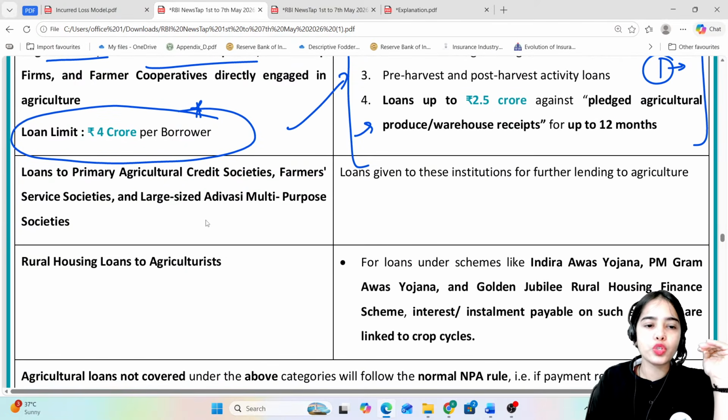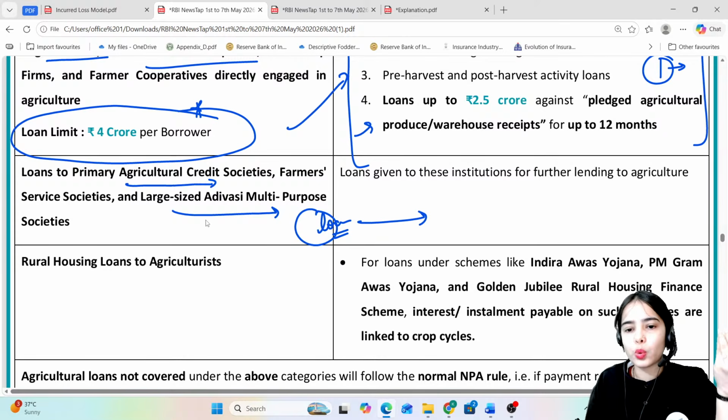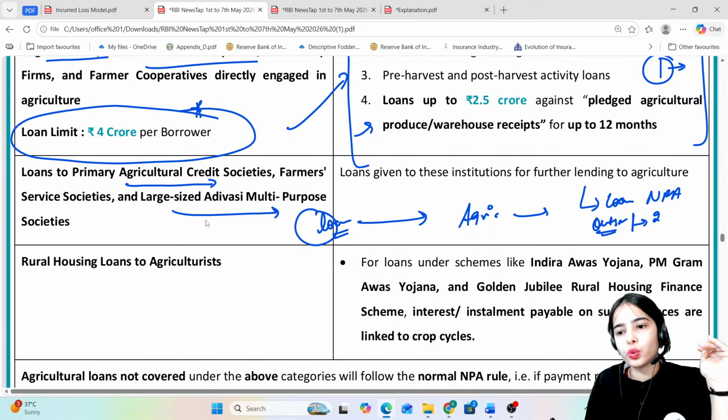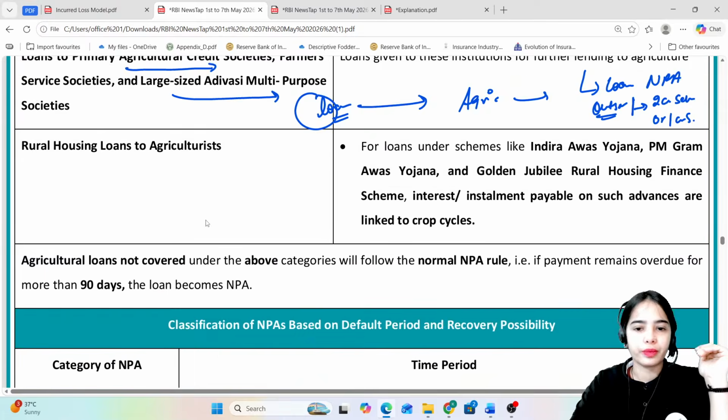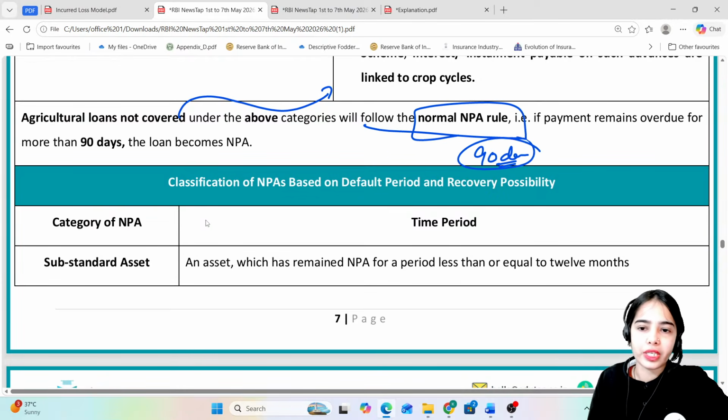In case of loans to primary agricultural credit societies, farmer service societies, large sized Adivasi multipurpose societies, if they take the loan from the bank to give further loans for agriculture purposes to individual farmers, the loans will be classified as NPA only when the loan is outstanding for 2 crop seasons or 1 crop season on the basis of the duration. Agricultural loans that are not covered by the above categories will follow the normal NPA rule of more than 90 days.